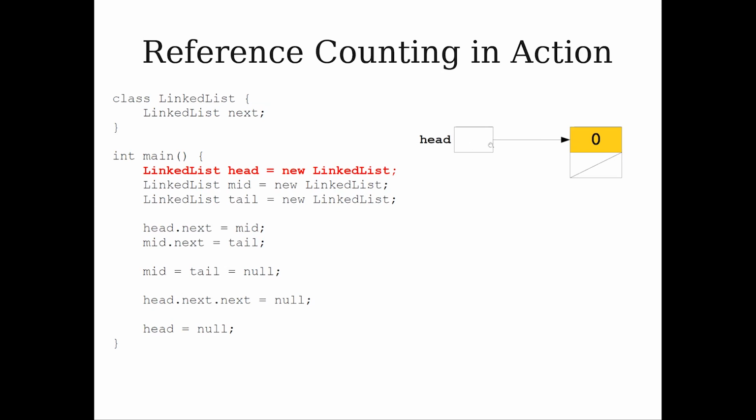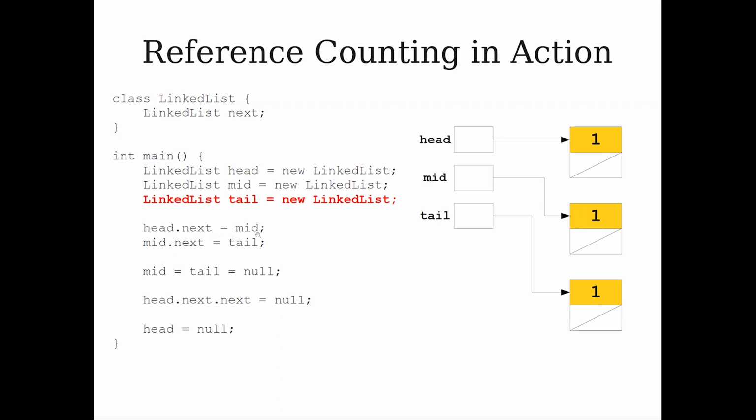Head is like a pointer which points to an object in the heap. When the object is created, it will have a reference count of 0. The right-hand side gets executed, the object gets created, and the reference count is 0. Then this assignment takes place. Clearly, the assignment adds a new reference, so the reference count increases. Same thing happens with mid. Same thing happens with tail.